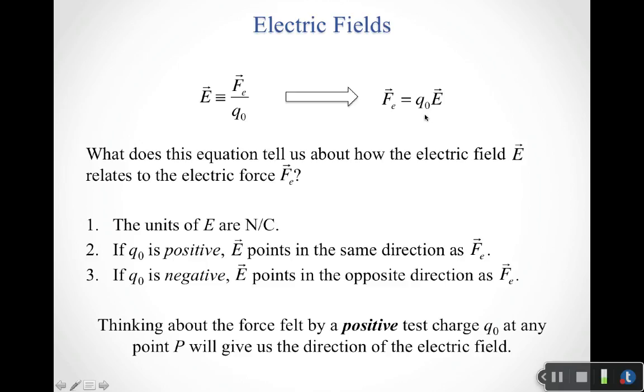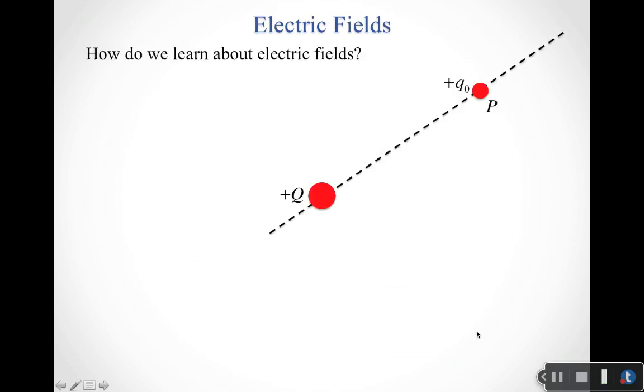Then, thinking about the free body diagram, the forces felt by that positive test charge will give us exactly the same information as thinking about the contributions to the electric field of all those source charges that are generating forces on our test charge. So that's what we're going to do: figure out what's going on with the electric field by always using a positive test charge.